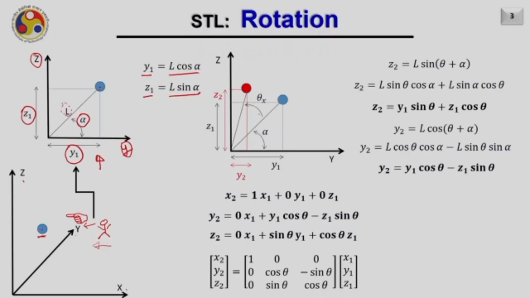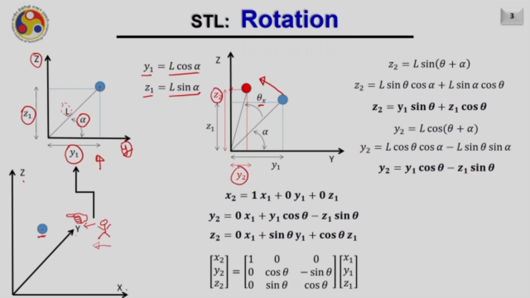Now, if the point rotates by an angle theta x about the x-axis, this point will move to this red color point and this angle will be theta x. The new projections of this point on the y-axis and on the z-axis will be y2 and z2.